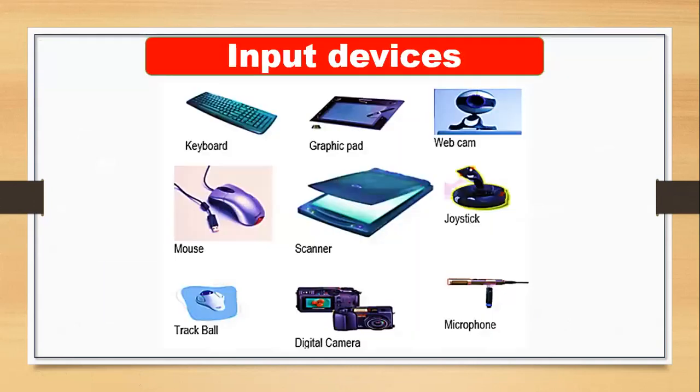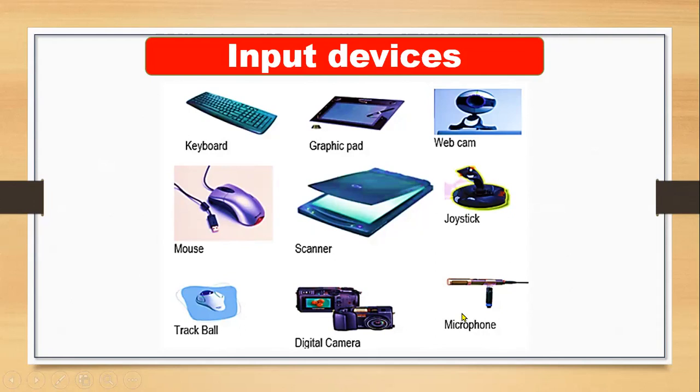Now look at more input devices that help us to send information to the computer. First of all, there is a keyboard, mouse, trackball, scanner, digital camera, webcam, joystick, and microphone.